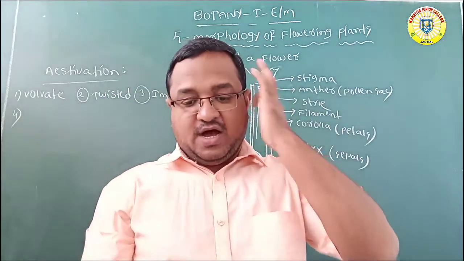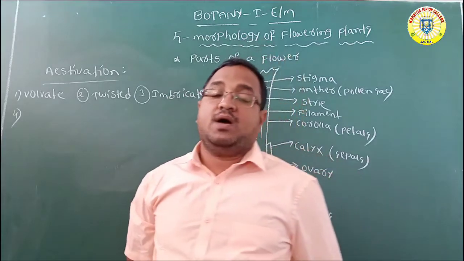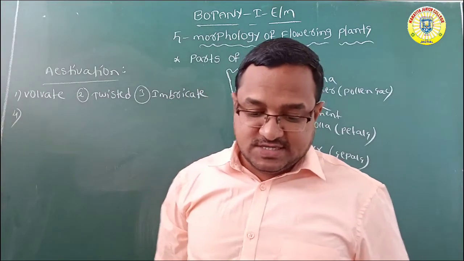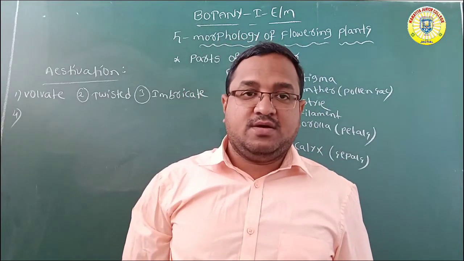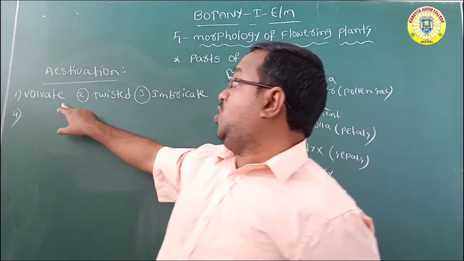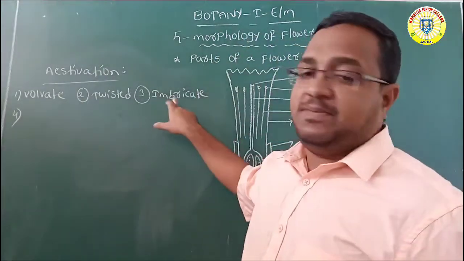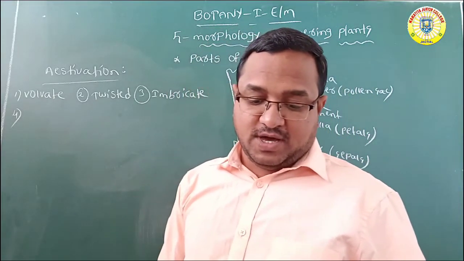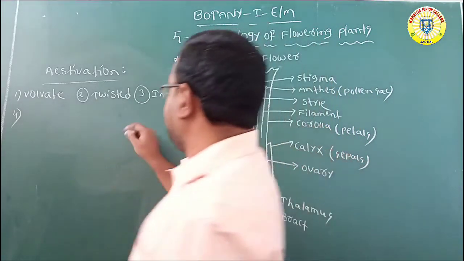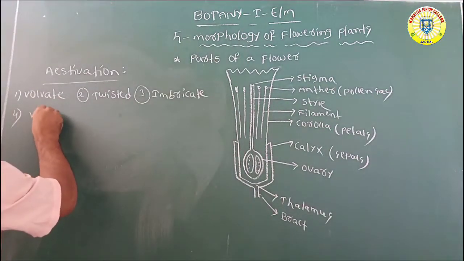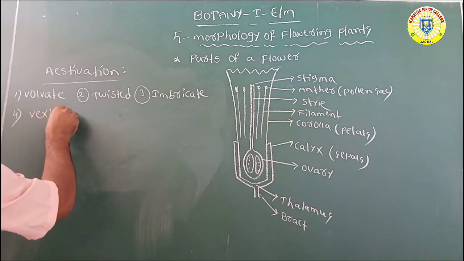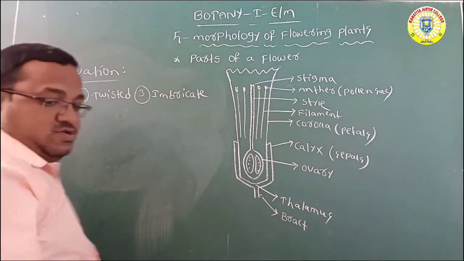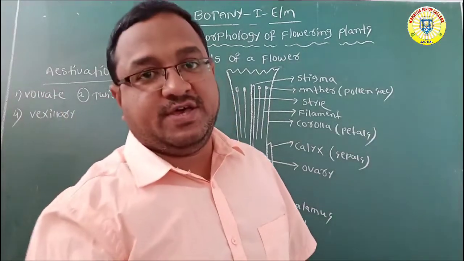So these are the four types of aestivation. Valvate, twisted, imbricate, and vexillary.